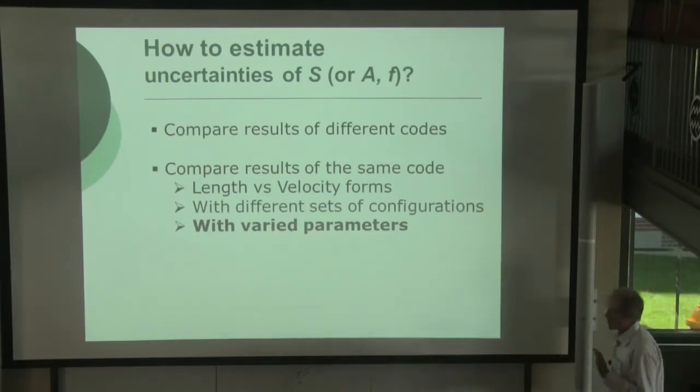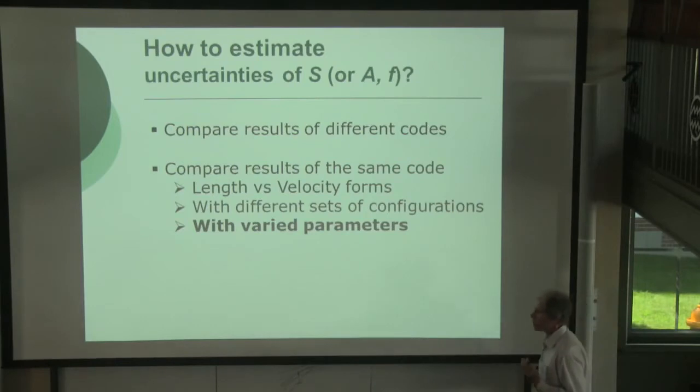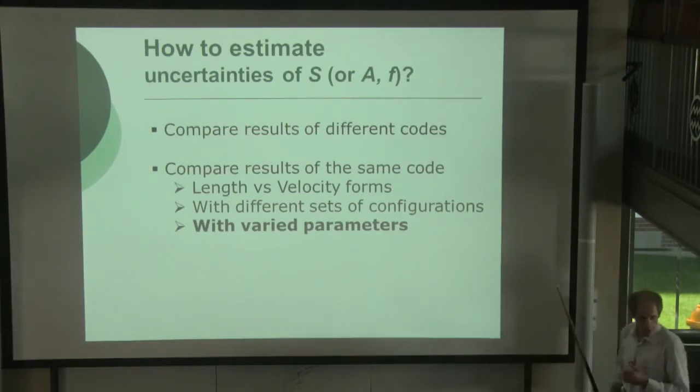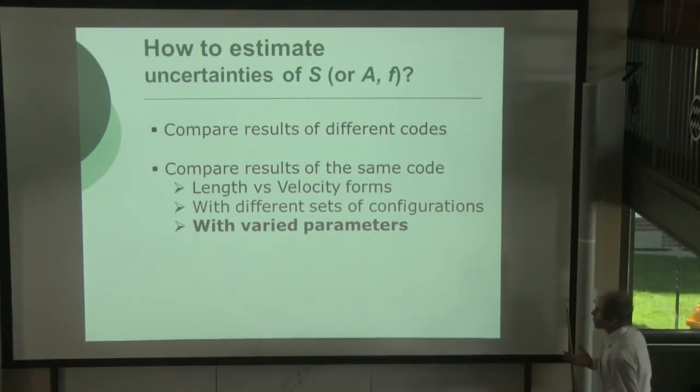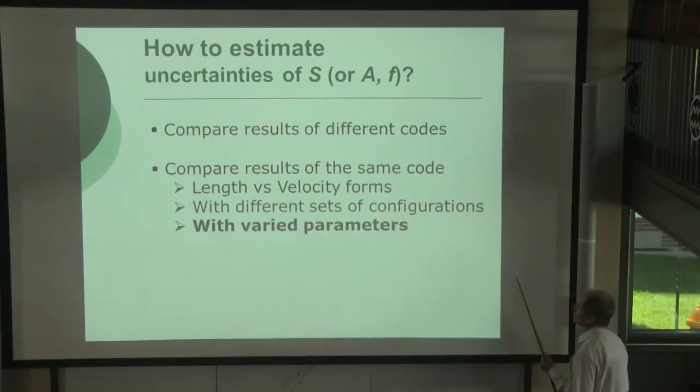In principle, this ideology is in line with all traditional methods that we know. Most of the methods of assessing uncertainties rely on comparison of results obtained with one method with another method. And also there are other comparisons within the method itself, like you can compare length and velocity forms, and you can investigate convergence of your method when you extend the basis set.